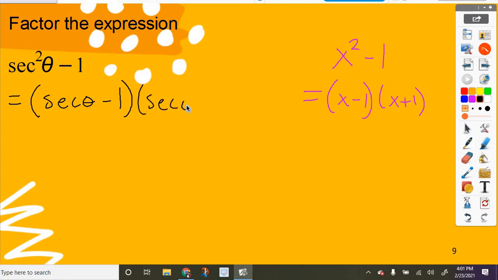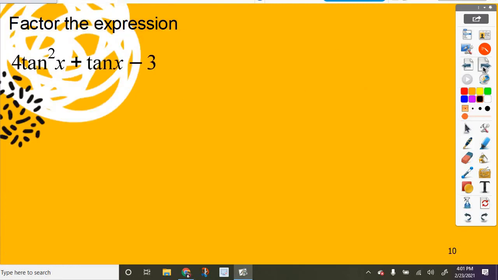So we're going to have secant of theta minus 1, secant of theta plus 1. Inside my parentheses, I don't have anything else that I need to simplify. I completed the directions they asked me to do, so that's going to be my final answer.